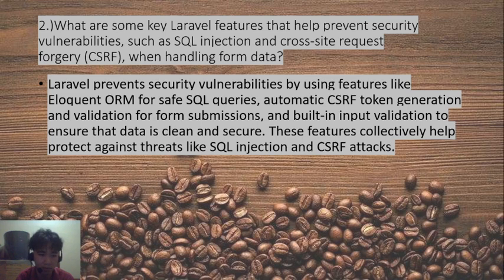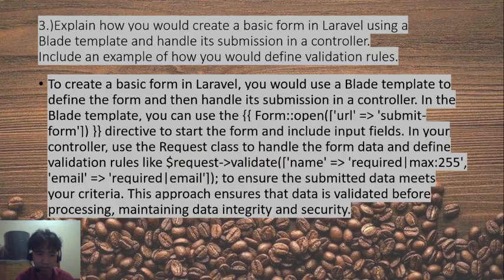So the answer is, Laravel prevents security vulnerabilities by using features like Eloquent ORM for safe SQL queries, automatic CSRF token generation and validation for form submissions, and built-in input validation to ensure that data is clean and secure. These features collectively help protect against threats like SQL injection and CSRF attacks.